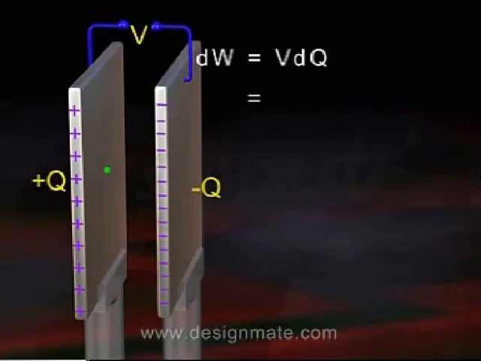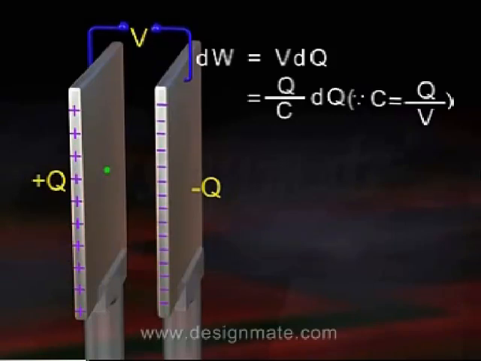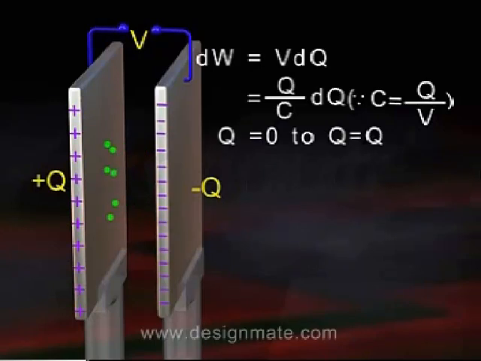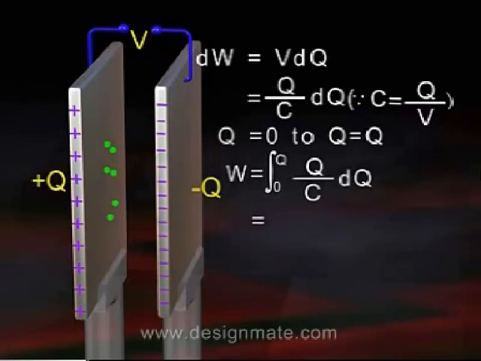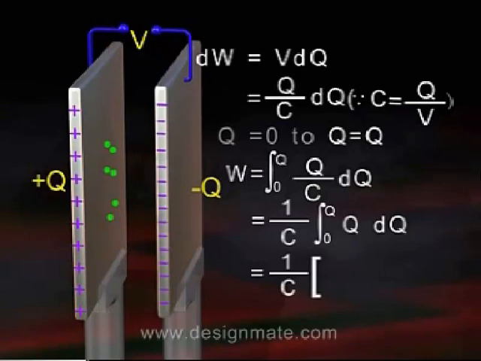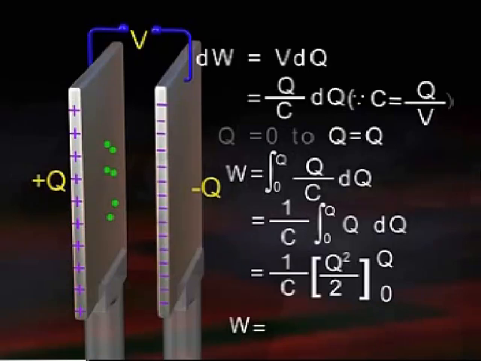That is equal to Q/C dq. Hence, the work done to deposit the charge from 0 to Q on the capacitor is W = integral from 0 to Q of (Q/C) dq, which is equal to Q²/2C.